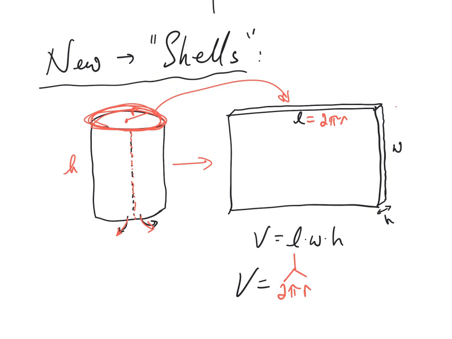Now the width is going to either be a vertical or a horizontal direction. In this case, in my very first picture I've drawn here, it's a vertical direction. So we're going to have to think in terms of how to calculate that vertical direction. Okay? And finally, the h, the height, is always going to become the differential.